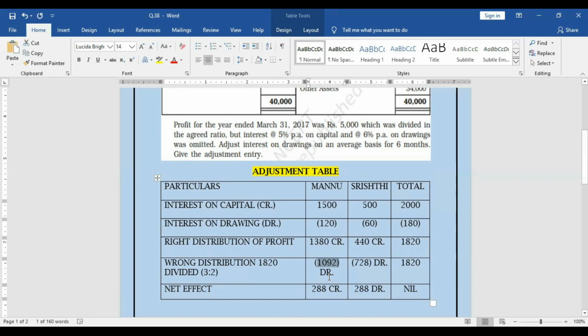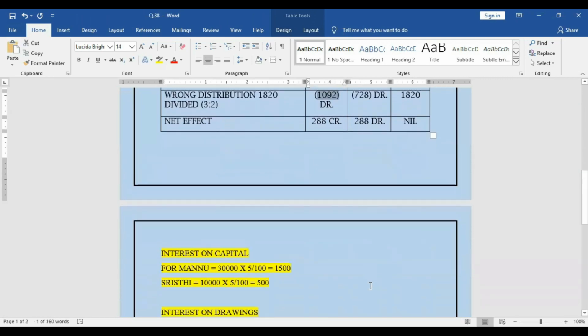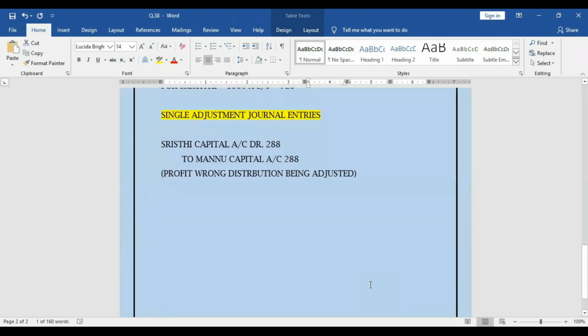Therefore Manu's capital account is credited, and 288 was excessively credited to Srishti, therefore her capital account is debited by 288. Hope you all understand. Thank you.